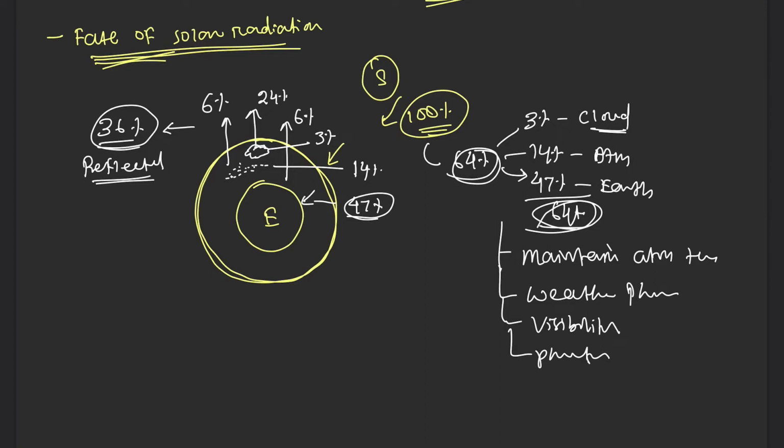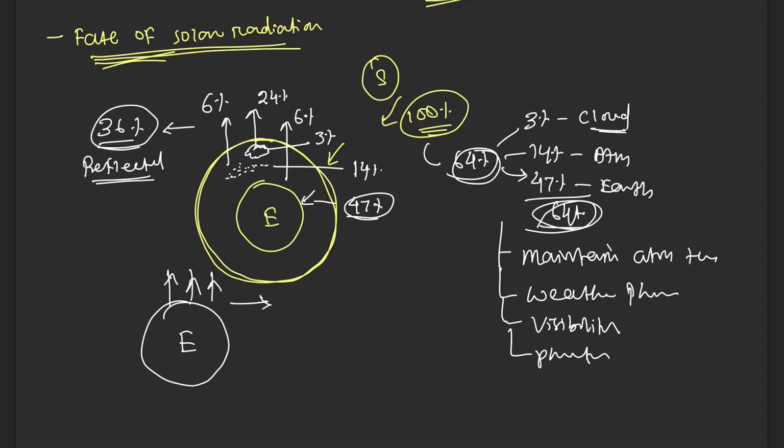In the daytime, Earth receives this solar radiation. In the night time, what happens? In the night time, Earth emits some energy to the upper atmosphere.